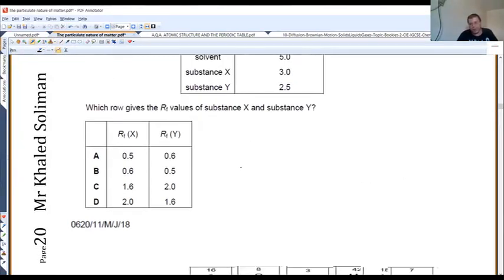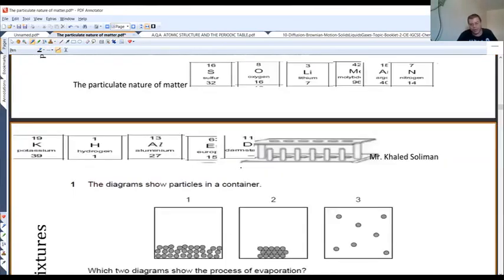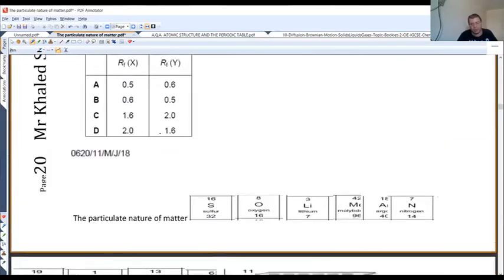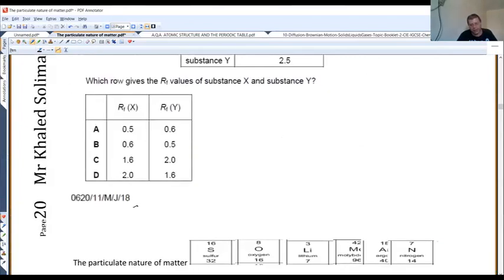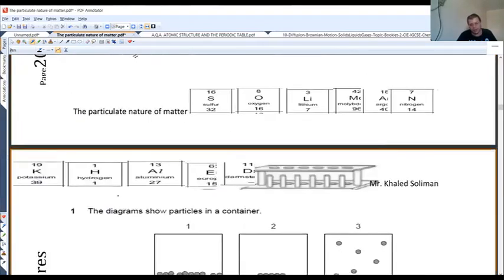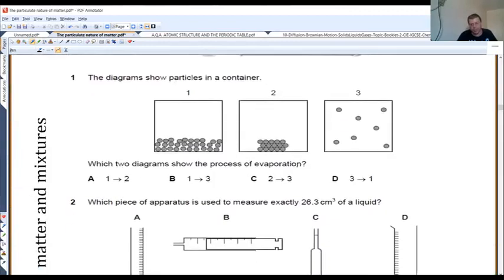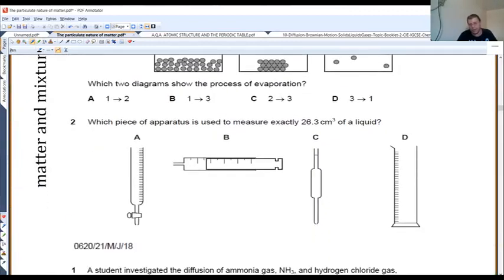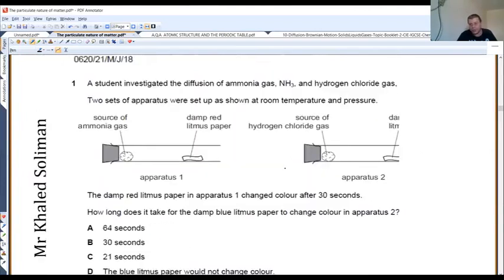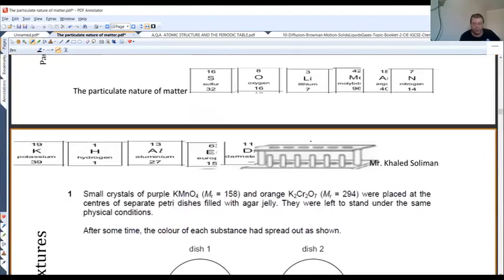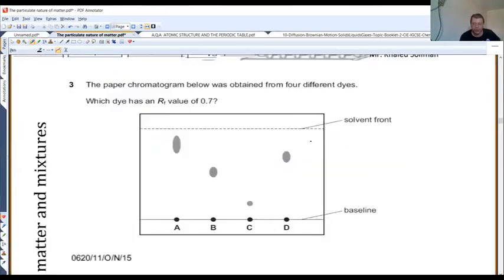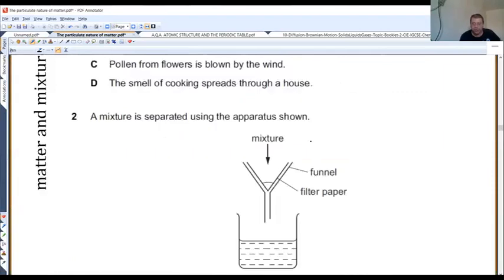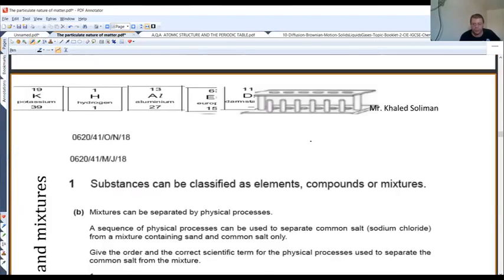Again, those are the classes of questions which we have already. You can observe the question and find the answer for it already in this area. This one is solid, liquid, gas, and those are the kind of questions which we have in paper 2. In CIE you have paper 2 and paper 4. Paper 2 questions you can find like this, and paper 4 questions you will find after paper 2.